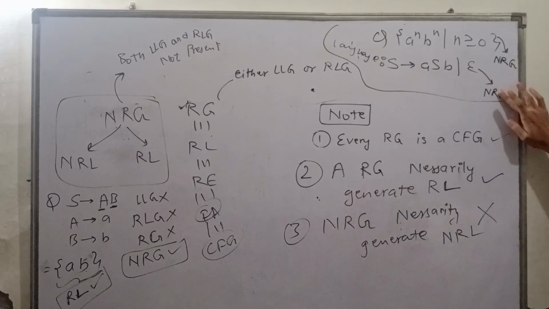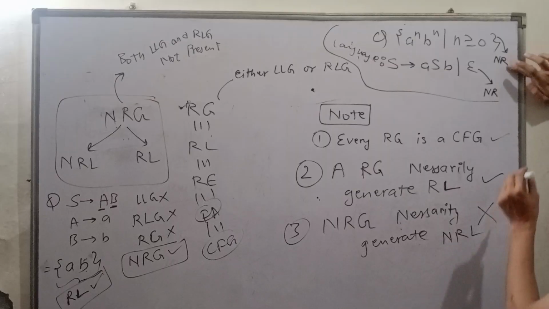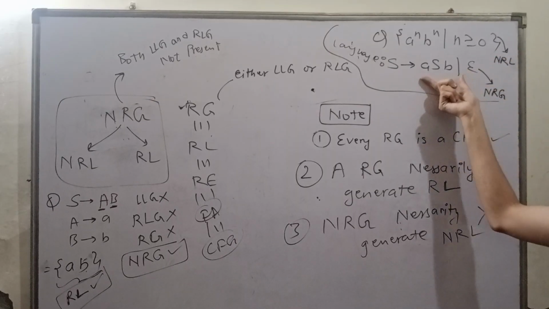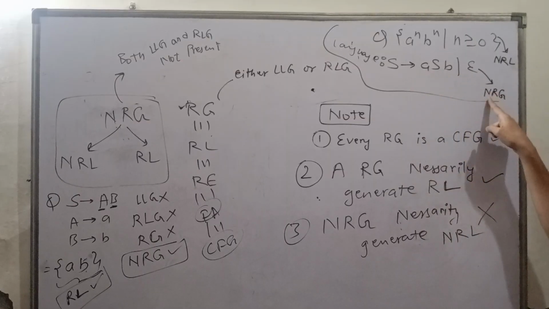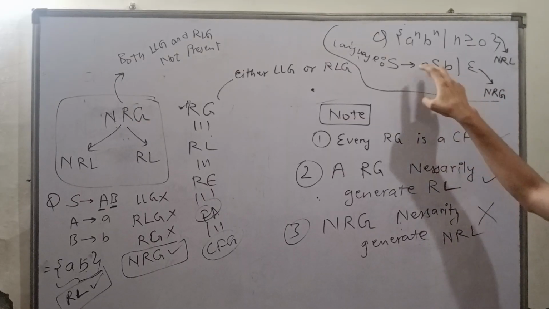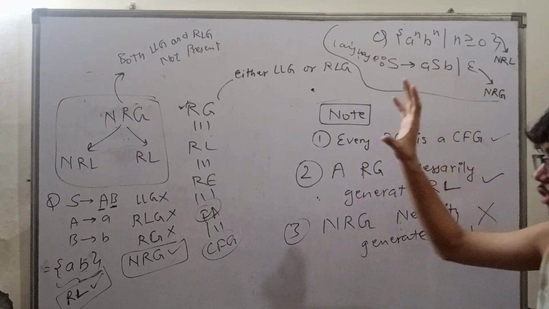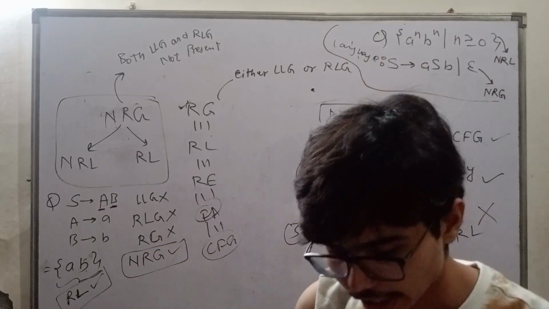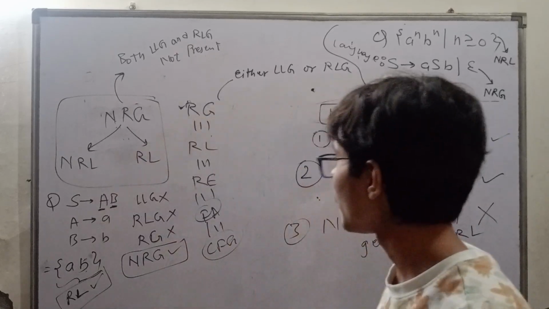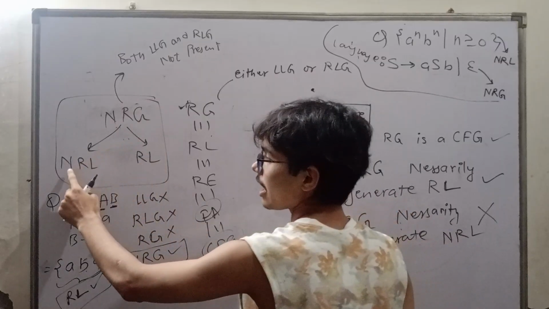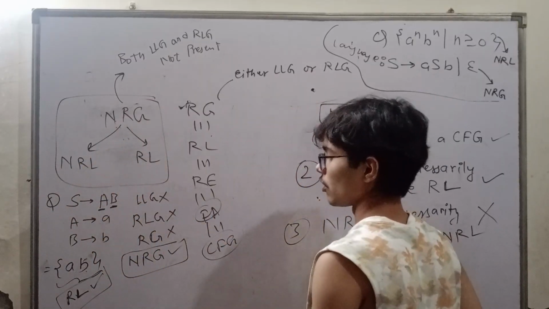I solved this. This is the language, this is the grammar. Okay, so this is our non-regular grammar, and this is our non-regular language. I can give you both examples. You can analyze these things. Okay, if you have a non-regular grammar, you can generate either a non-regular language or a regular language.